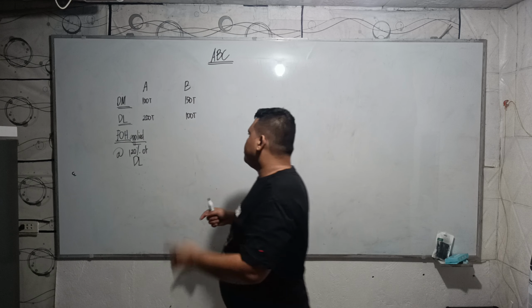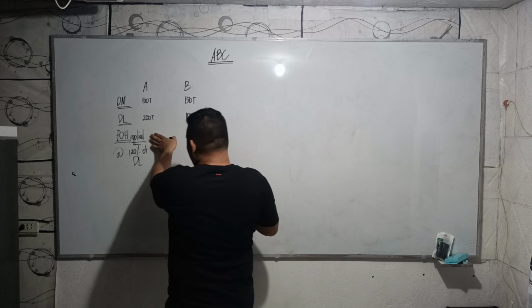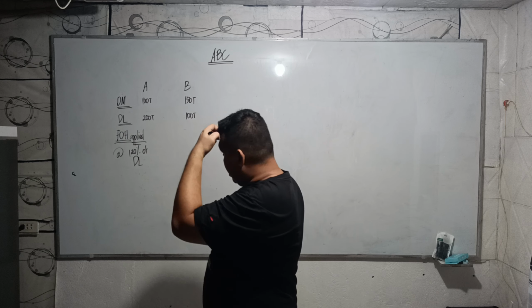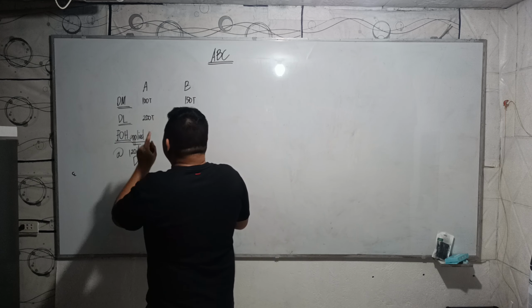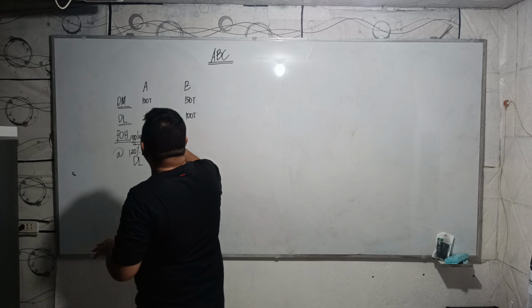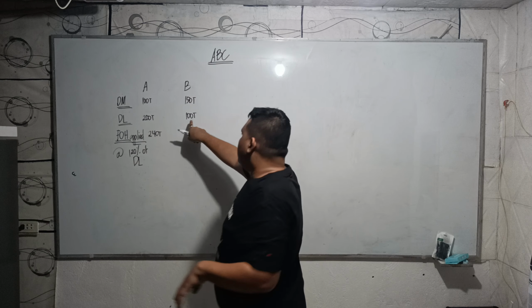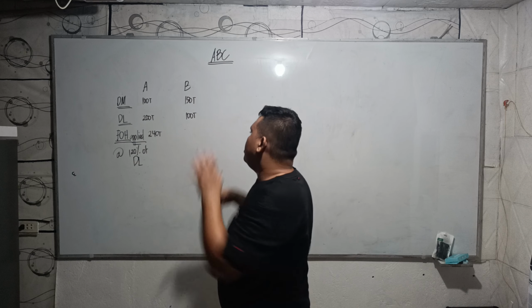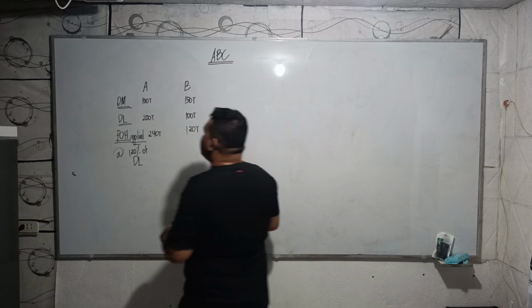So what does it mean? 200,000 times 1.20 is the factory overhead of product A. 100% is 200, 10% is 20, so 120% is 240,000, right? And for the other one, 100,000 times 120% gives you 120,000.